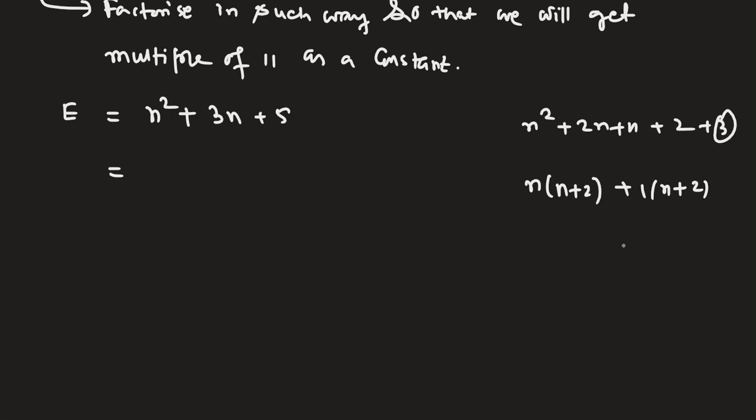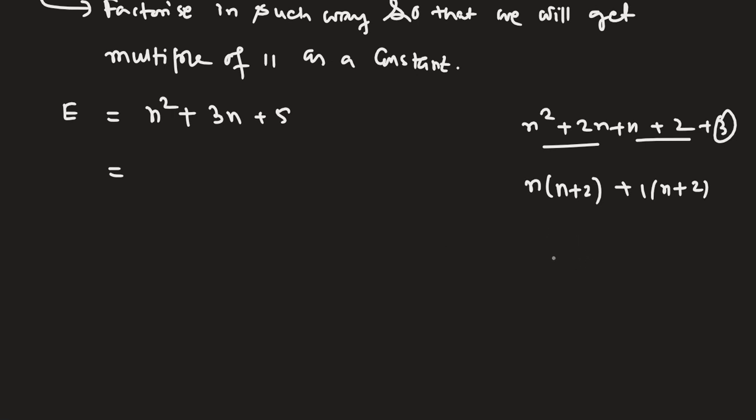Here you are getting 3, which is not a multiple of 11. So this breakup 3 plus 2 is not working here. In this way you have to think so that we can get 11 as a constant here.